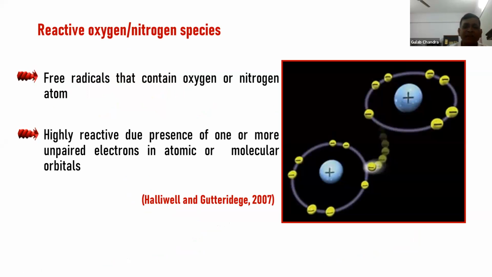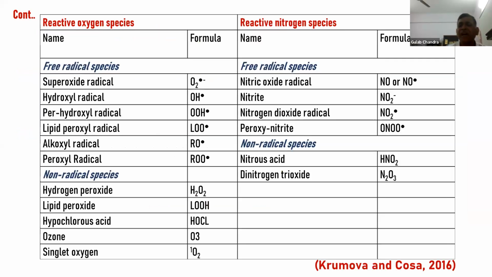Free radicals are highly reactive in nature and have one or more unpaired electrons in the last orbit, and they want to relieve their unpaired electron by reacting with macromolecules. These are examples of reactive oxygen species and reactive nitrogen species, and they are produced in the body.